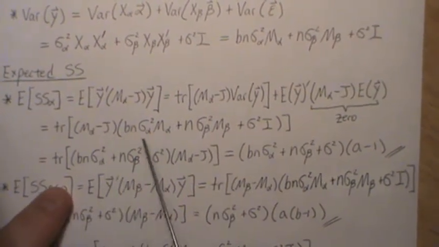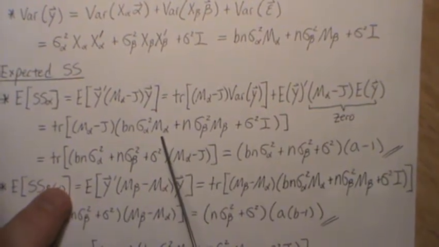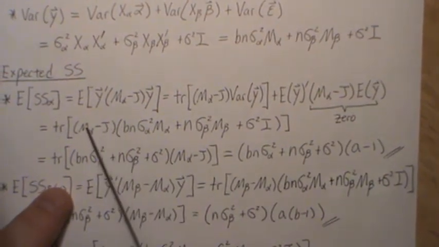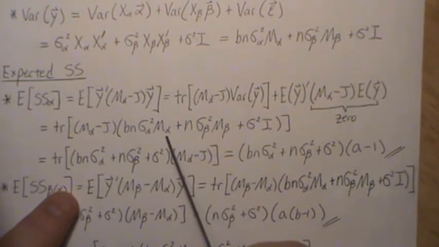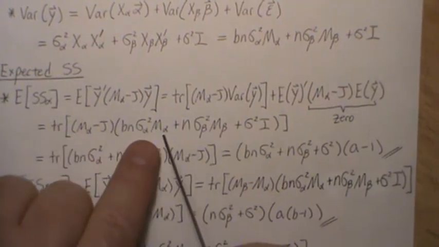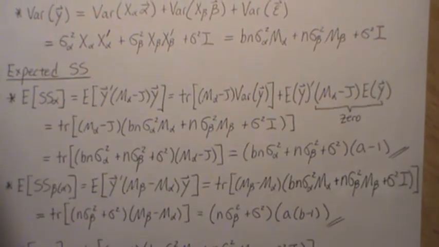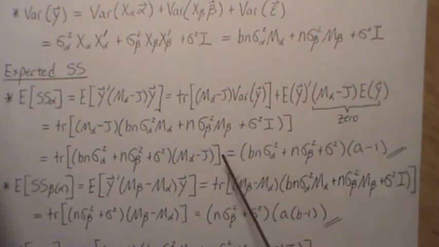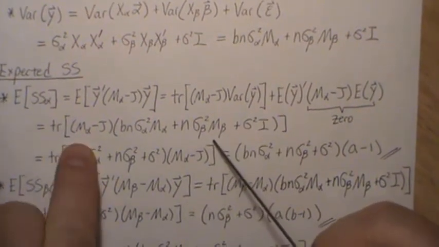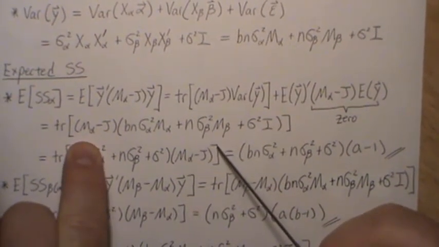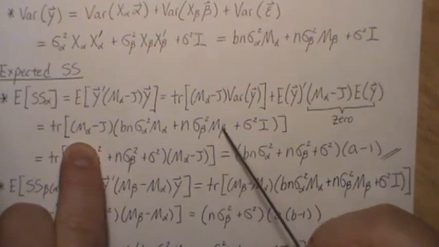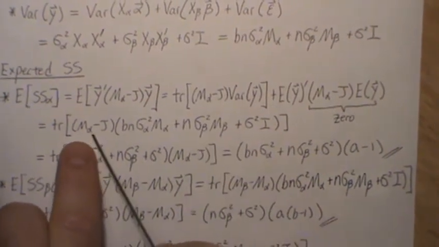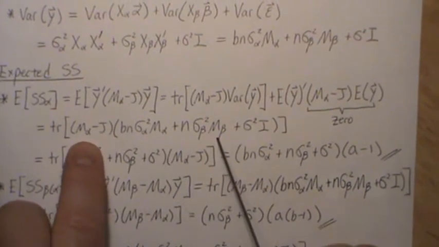Now this matrix times this, since this lives in the column space of x and this projects on the column space of x, we get it back. So this is multiplied by to here, and since x alpha is a subset of m beta, this will be projected back onto itself.